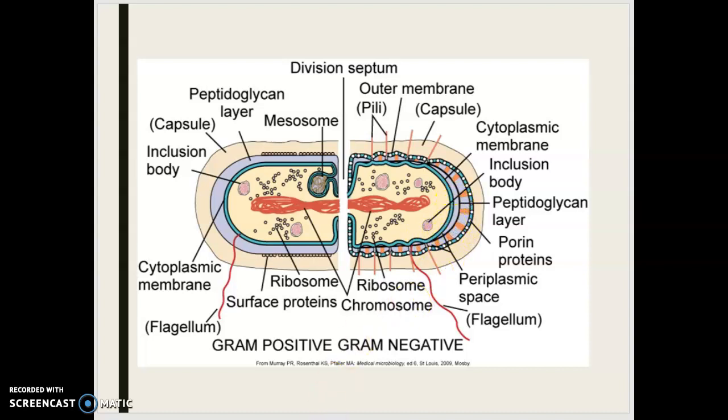So as a result, when we think of lipophilic versus lipophobic, we know that many of the antibiotics exert their effect by acting on this cell wall. And when they act on this cell wall, they're more receptive if it's made to be lipophilic or lipophobic.